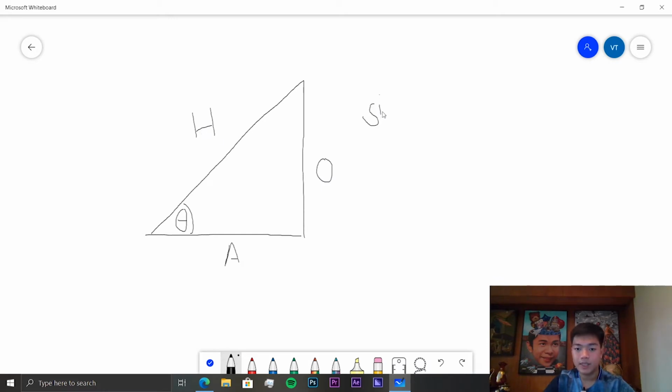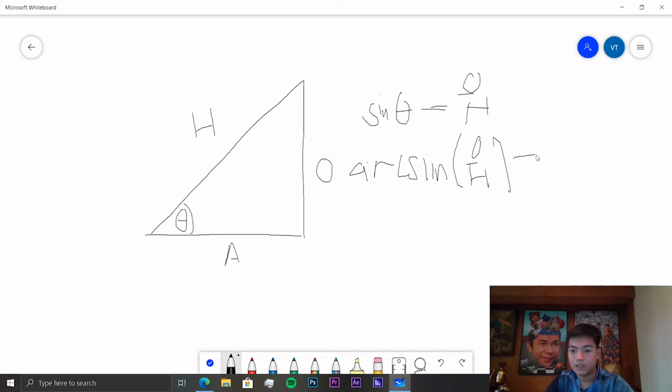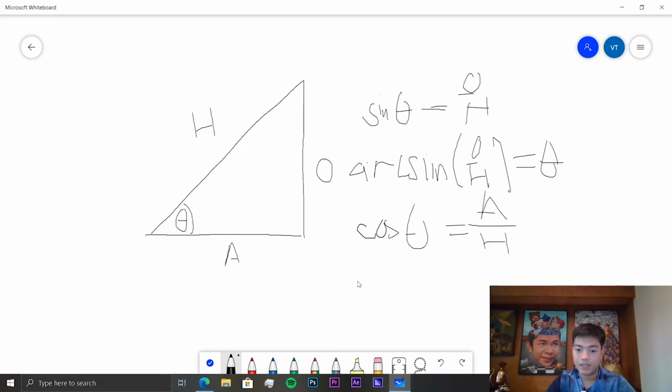We know that sine theta is equal to opposite over hypotenuse, and similarly, arc sine, which is sine to the minus 1 of opposite over hypotenuse, should be equal to theta. The same for cosine, cosine being adjacent over hypotenuse, and tangent, which is opposite over adjacent. We can do this for any triangle, and that's pretty easy.